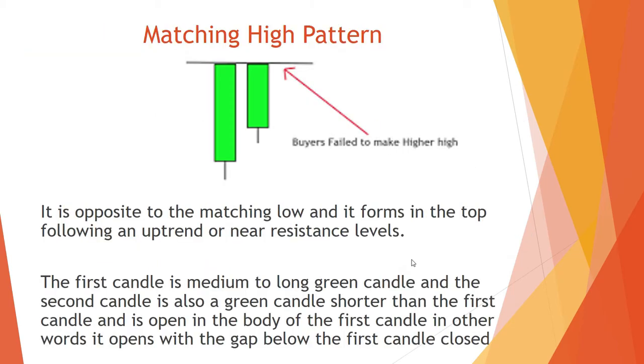So we are going to see the matching high pattern. Matching high pattern is just the opposite of matching low pattern, and it forms in the top following an uptrend or near resistance level. The first candle is a medium to long green candle, and the second candle is also a green candle, shorter than the first candle.